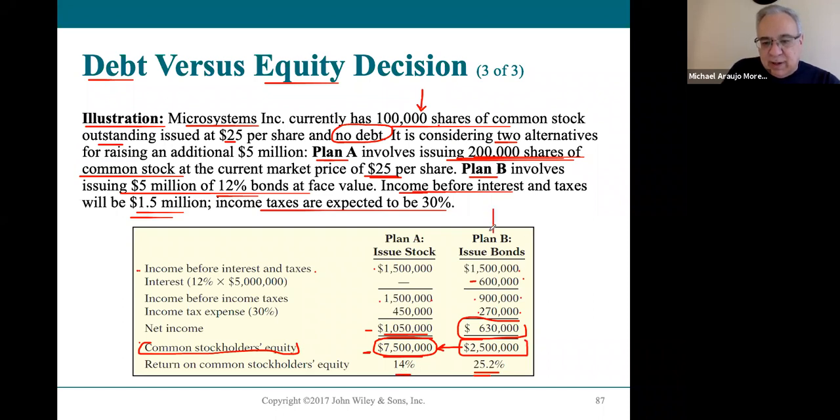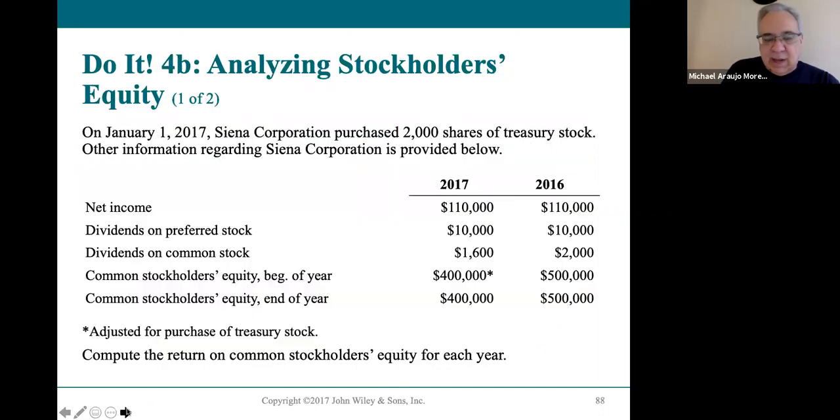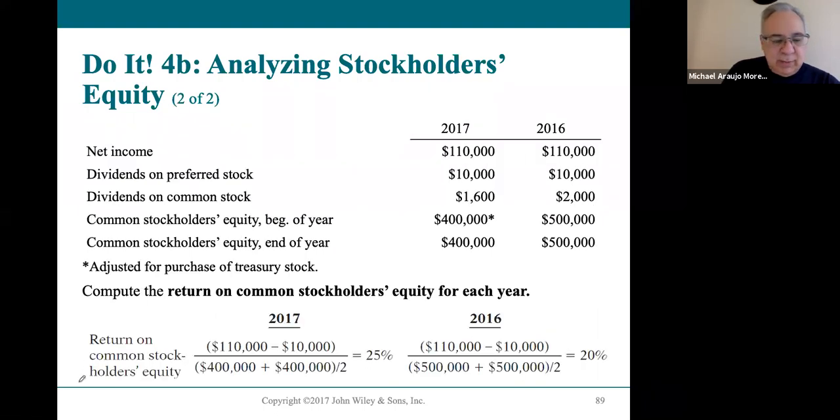So issuing bonds in this case is better for the owners. The owners would say, yeah, take on more debt, because even though your profit is lower, my return on my equity is higher. And again, you're going to be learning this stuff as you go deeper and deeper.